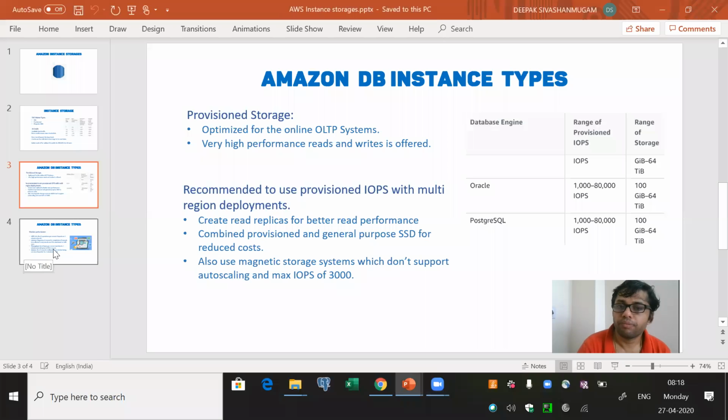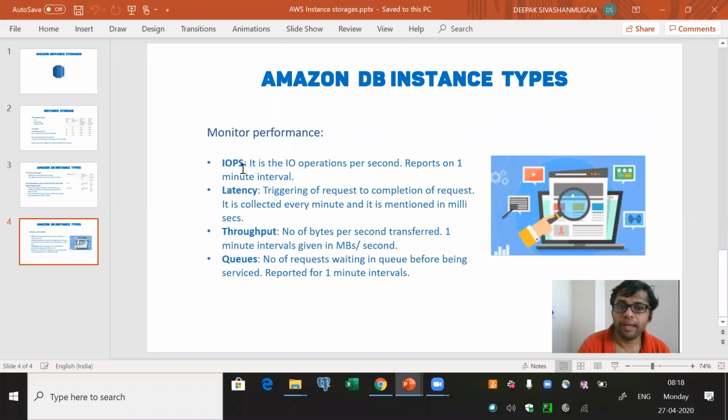AWS RDS offers you a lot of amazing features to monitor, and you want to continuously monitor your performance. You can monitor the IO operations per second and the latency, which is the time between when the request was triggered and when the output was passed back, in milliseconds.